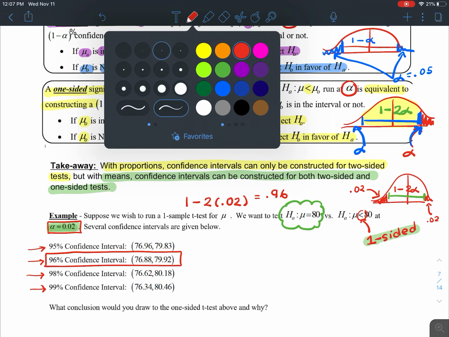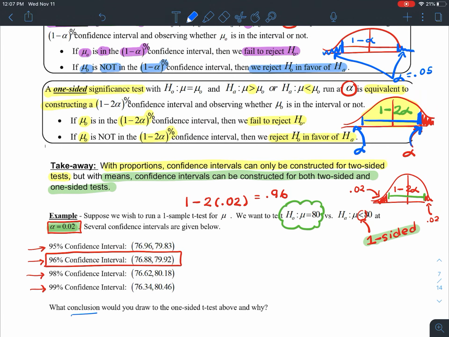Now, this question is actually asking us what conclusion we would draw for each of these different confidence intervals. So here's what you want to look for. Any of these confidence intervals that we have constructed, we're looking for, is our hypothesized value a plausible value in the confidence interval that's constructed?